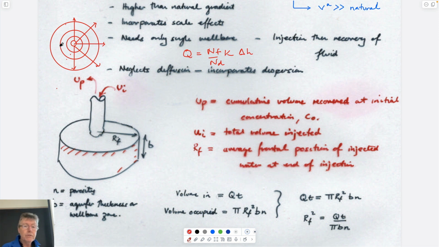So long as you draw the flow net that satisfies the fact that all these intersections are at 90 degrees to each other between the streamlines, which are red, and the circular equipotentials, which unfortunately are also red. So long as these intersections are at 90 degrees, and so long as these cells are roughly equidimensional, 1 by 1 in terms of this length and this length, not quite, but close enough.